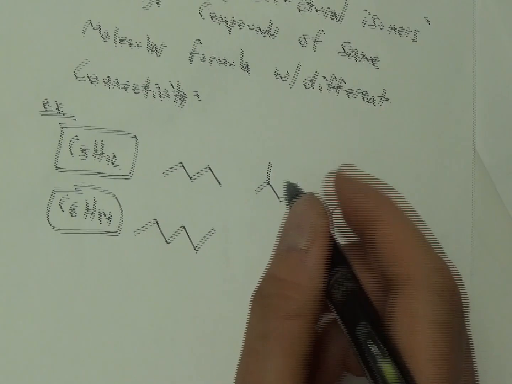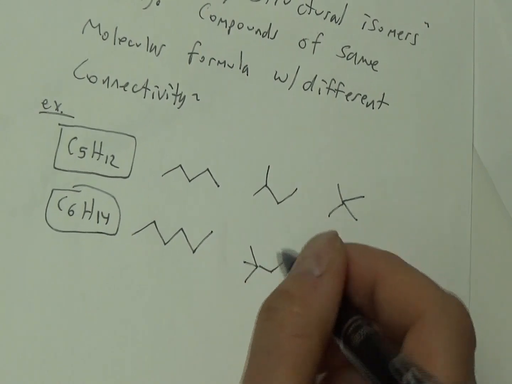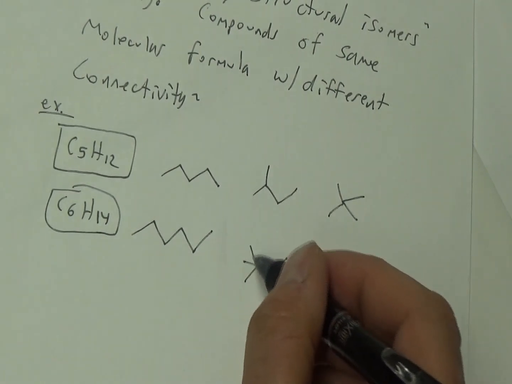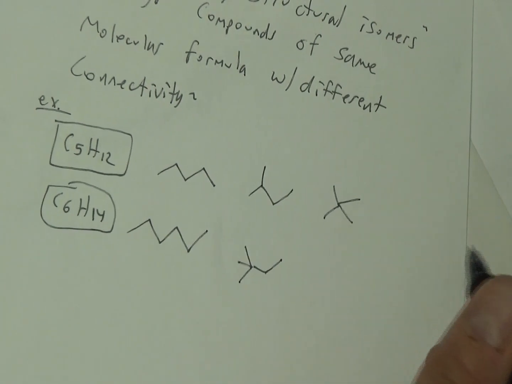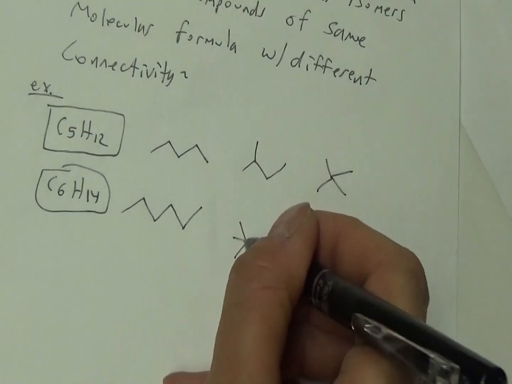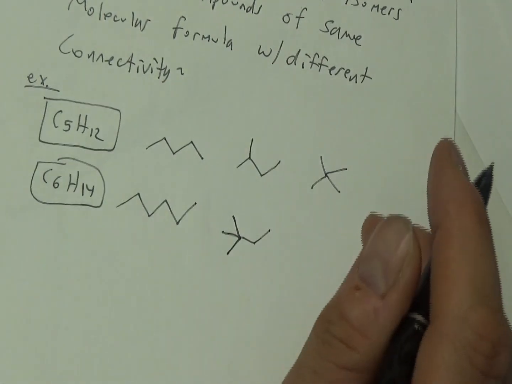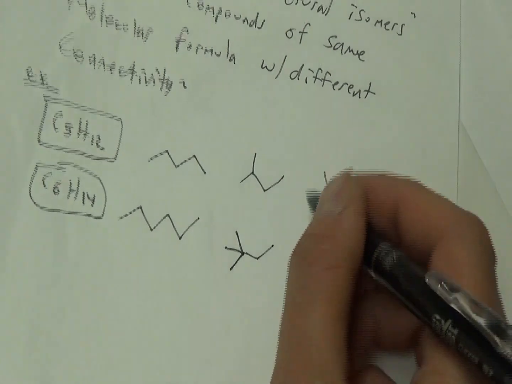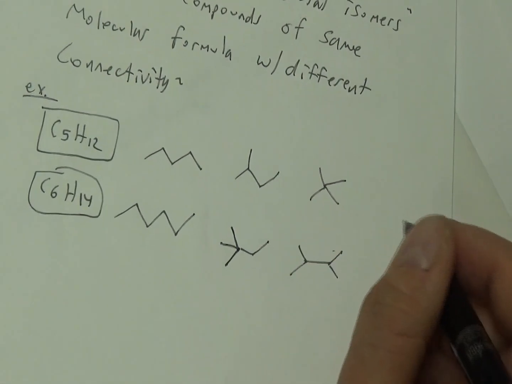Then you could start doing some branched ones, right? Let's see, did I do that right? 1, 2, 3, 4, 5, 6, yeah. Any others? You could probably come up with some alternate branched forms of C6H14. Like maybe, how about 2 carbons and then 2 methyls on each? That would work.